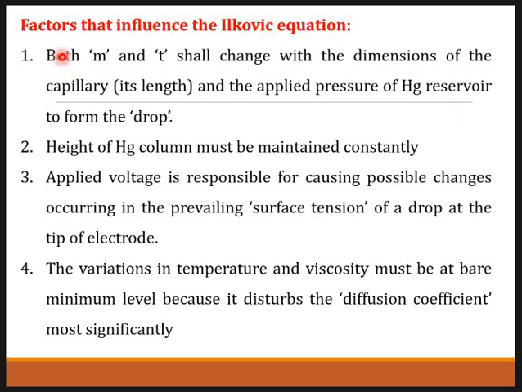So in addition to m and t, the dimension of the capillary also indirectly influences it, and the applied pressure of mercury, because this applied pressure decides the drop size. The next one is the height of the mercury column. Based on the mercury column height, the drop may vary.